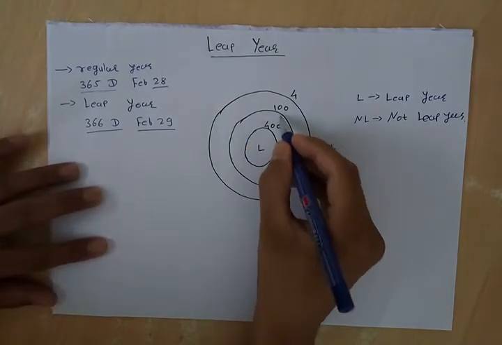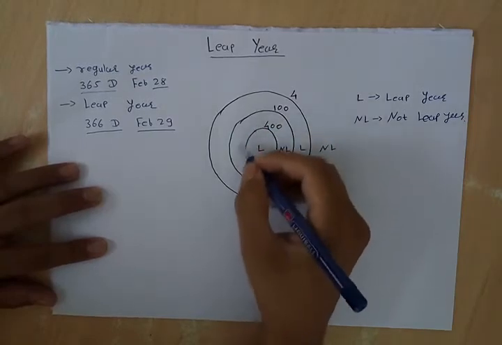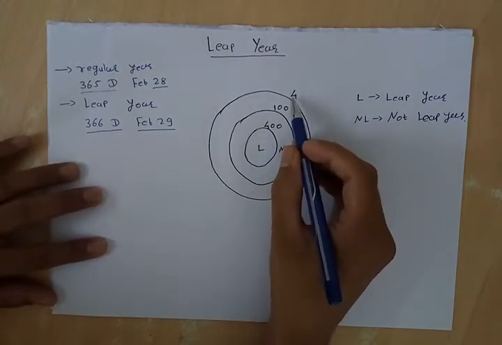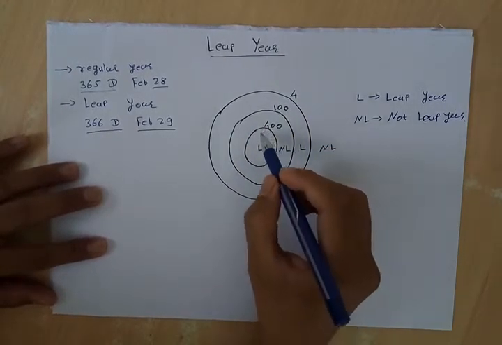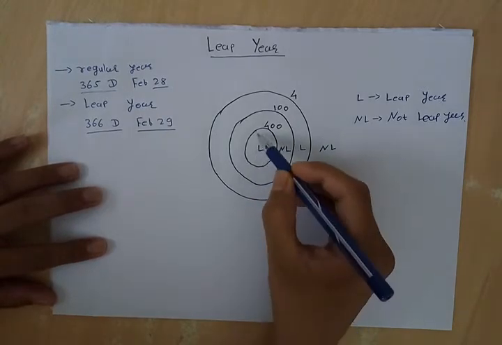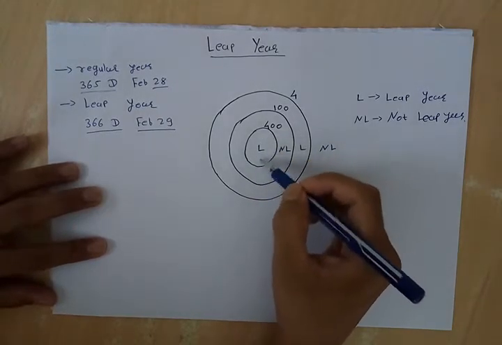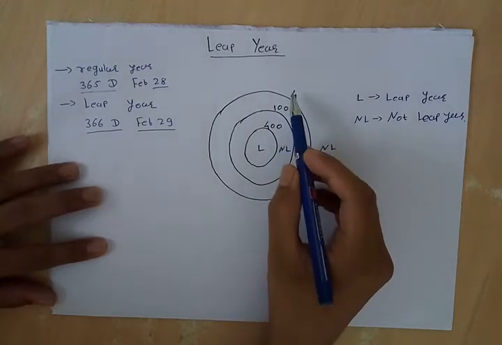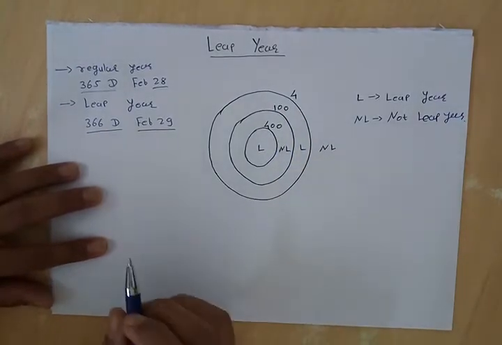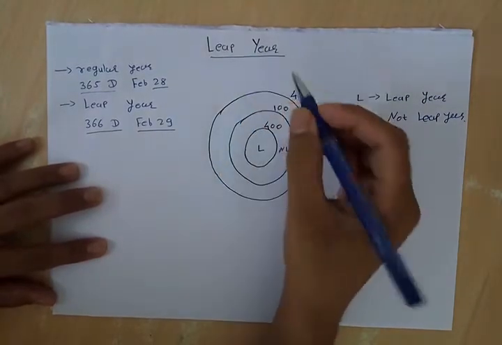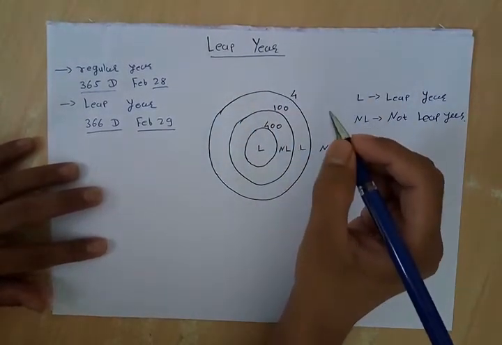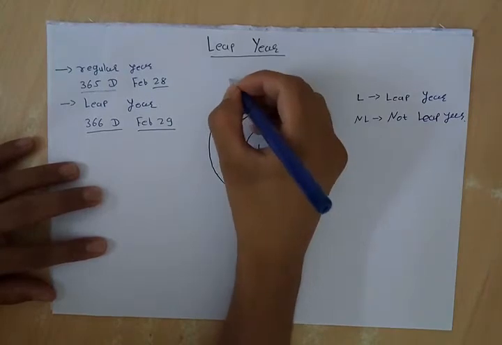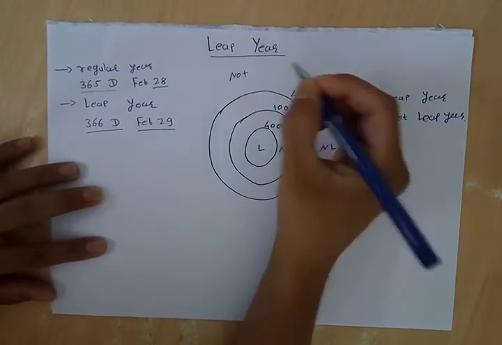In this circle, we have numbers which are divisible by 4 and 100, and in this smaller circle we have the set of numbers which are divisible by all three: 4, 100 and 400. Outside this bigger circle we have the set of all the numbers which are not divisible by 4.